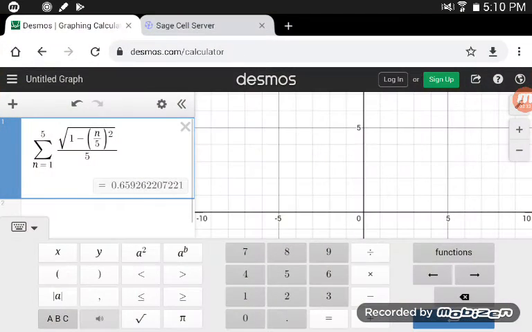Here's Desmos. And when I did this, it made an n here. And so I just left it as an n and made the n up there with the 5. And so here was n equal 1 to 5. That's on the right-hand side. And so that's my lower sum, 0.659.